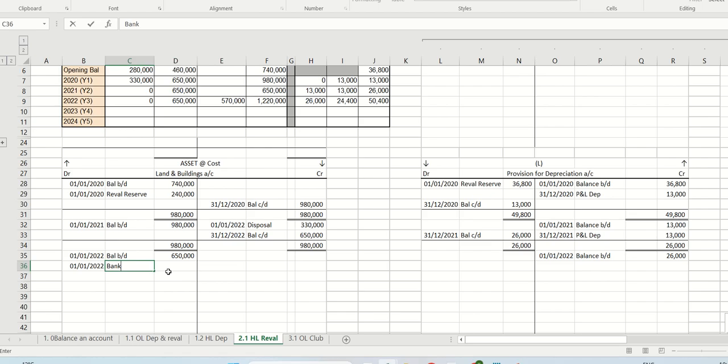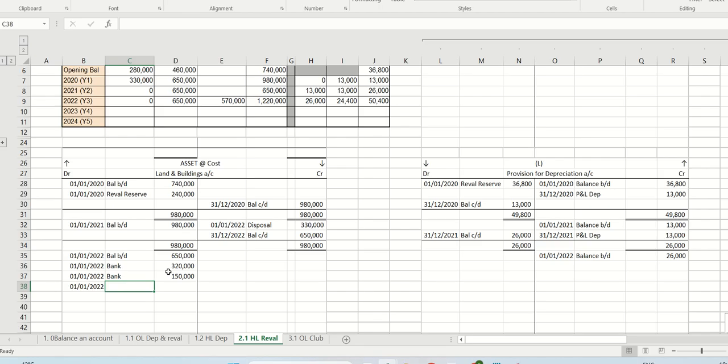So we're going to have bank for 320,000. We're going to have the first of the first 22, and we're going to have bank for the contractors, 150,000. You must enter them individually because that is how it would work in reality. You're paying these different people.